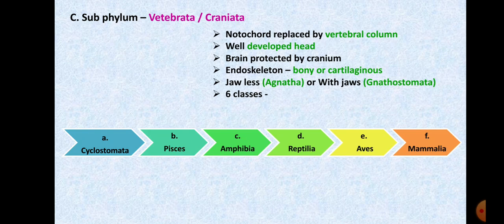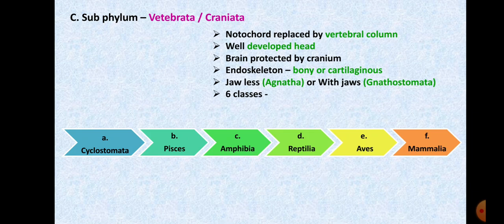Okay, you can feel the gaps in between. Clear? Hence this subphylum is termed as Vertebrata, and the organisms included in this subphylum are also called as vertebrates. You and I are vertebrates.